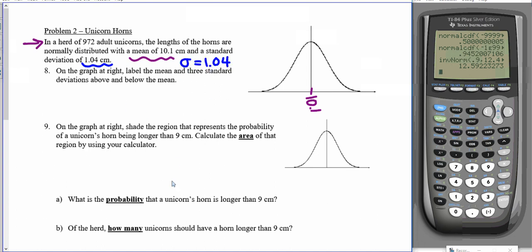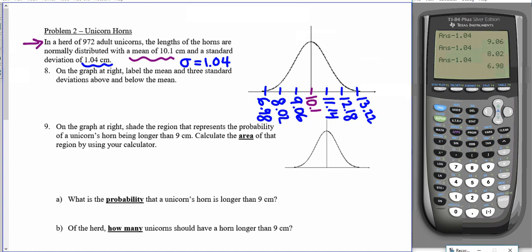All right, so on the graph, label the mean and 3 standard deviations above and below the mean. So you can pause the video while you label that. Okay, go ahead and check yours and be sure they match up with mine. I will confess I did come over here and type them into a calculator because it was just faster. And be sure that when you're drawing them that this third standard deviation is out here in the tail.